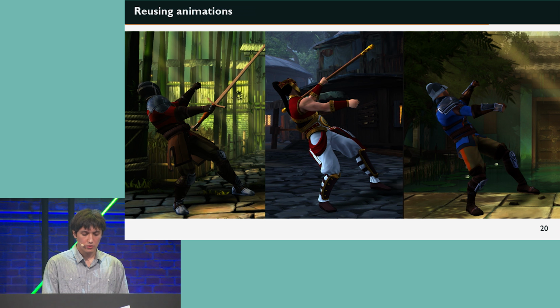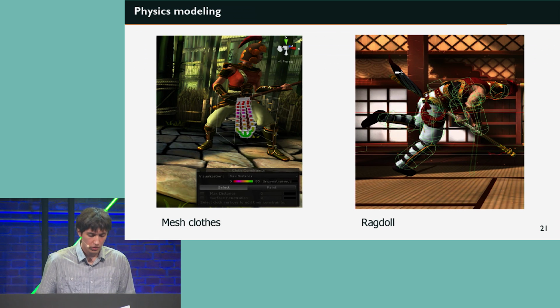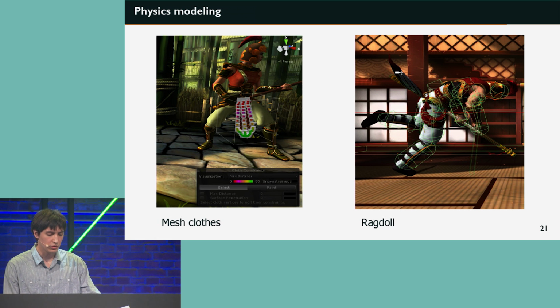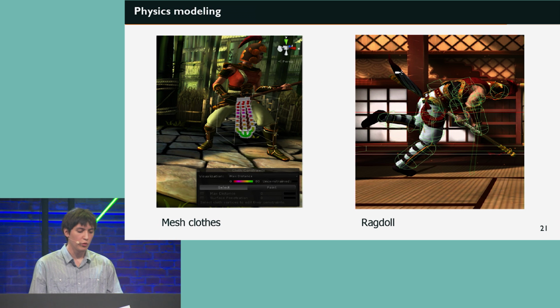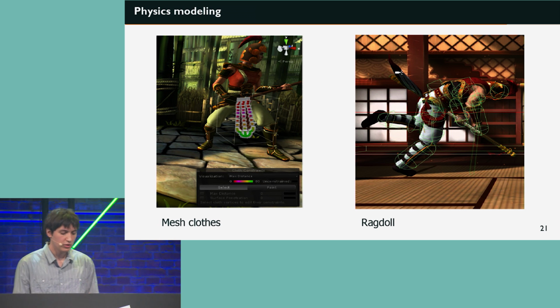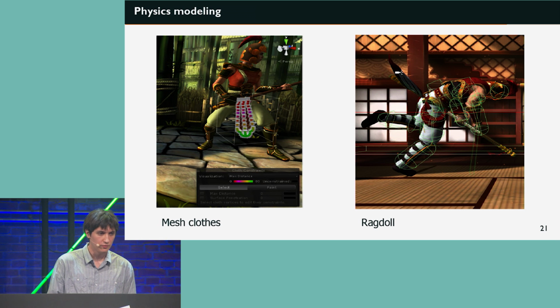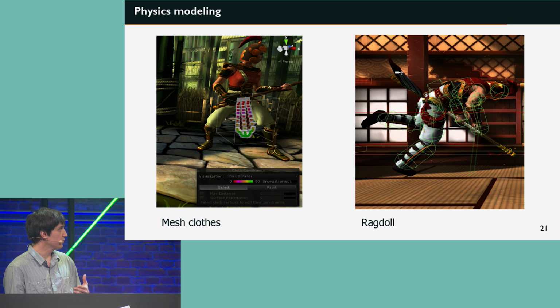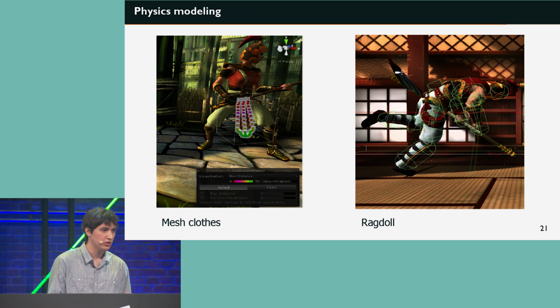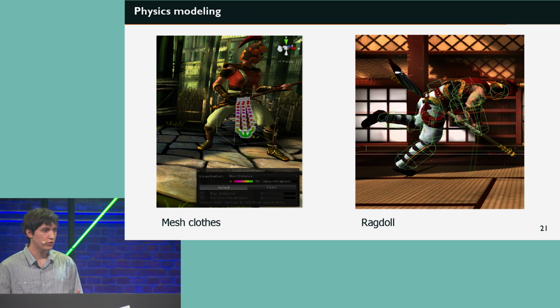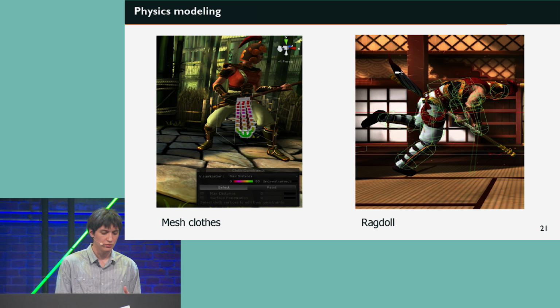Now, to the physics modeling. Actually, modeling provides continuity too, because what you model physically doesn't feel the transition between the animations. It is just modeled throughout the whole game. It adds continuity.